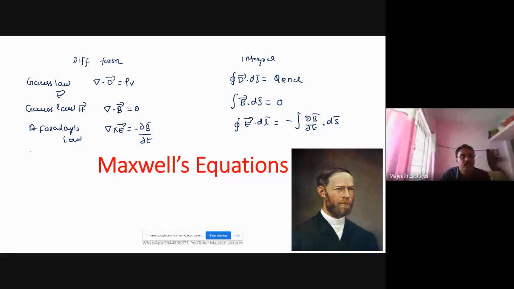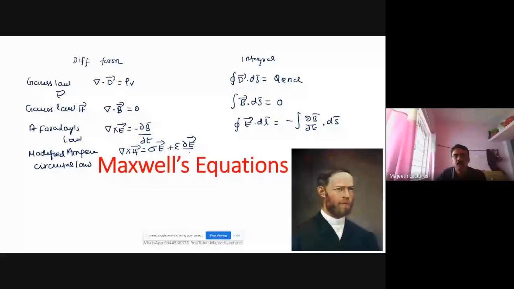Then the modified Ampere circuital law, that is given by del cross H is equal to sigma E plus epsilon dE by dt. Here closed integral H dot dl is equal to the integral of sigma E plus epsilon dE by dt dot dS.